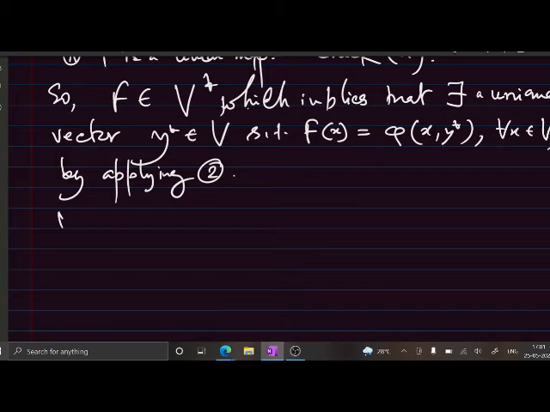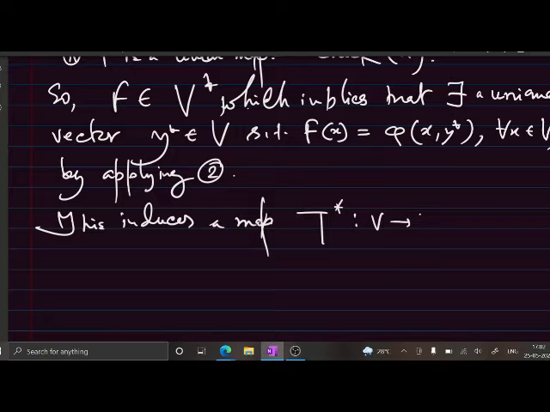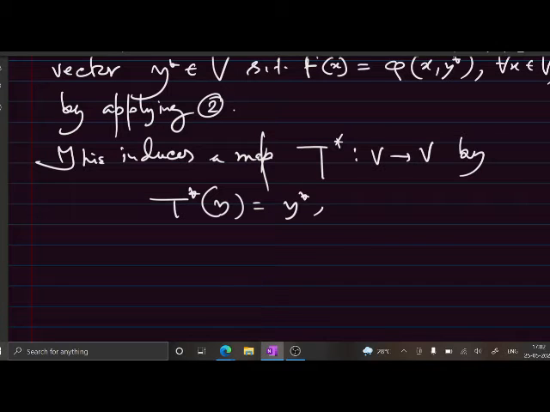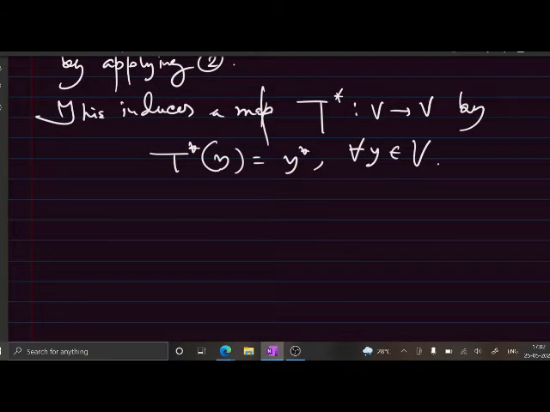So this induces a map denoted by T star from V to V by T star of y equal to y star for all y belongs to V.